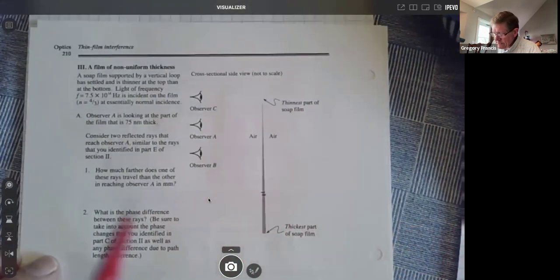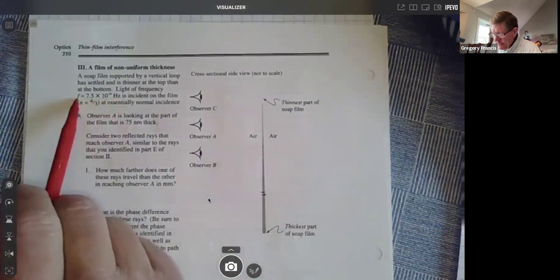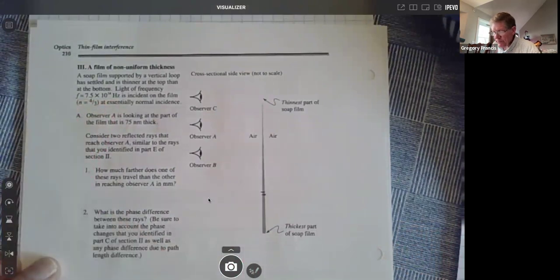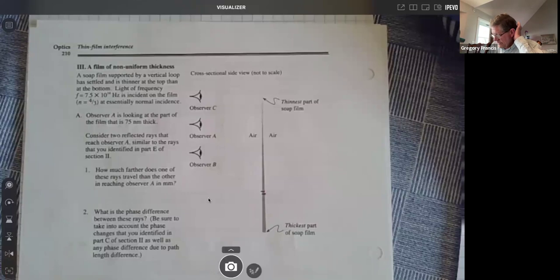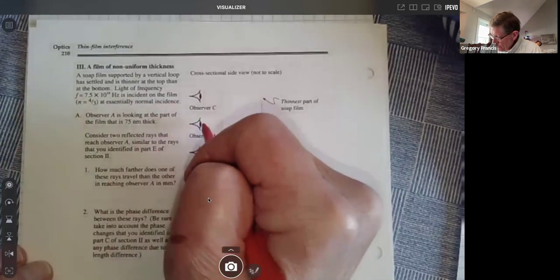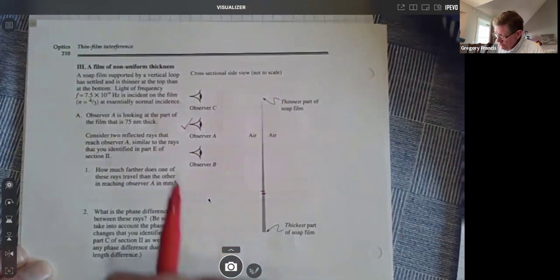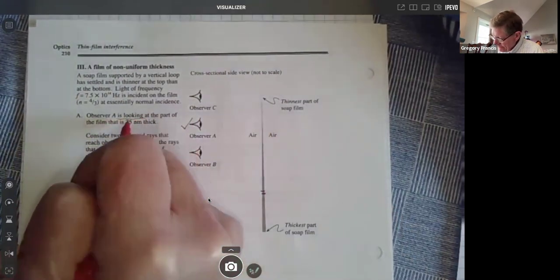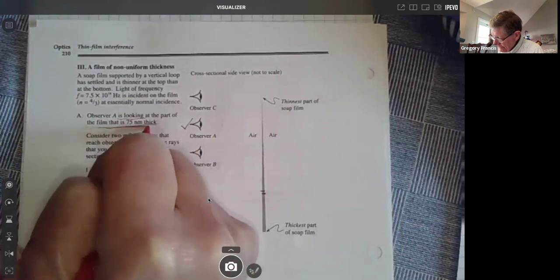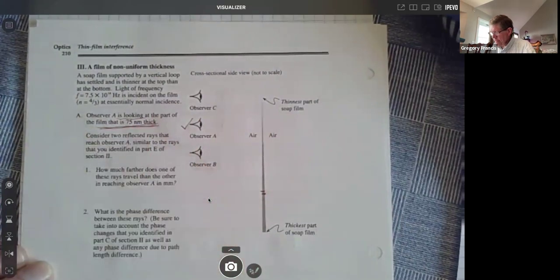And we're going to send that same light, the light that has frequency 7.5 times 10 to the 14 hertz, into the soap that has index of refraction 4/3, and we're going to send it in at normal incidence. And first of all, we're going to look at observer A. And where observer A is looking, the film is 75 nanometers thick.